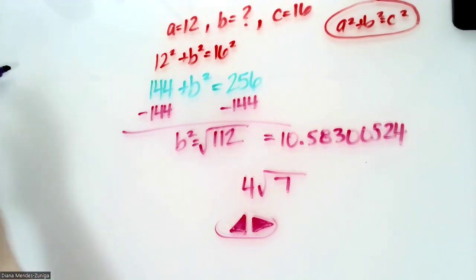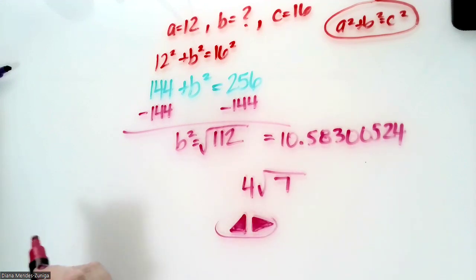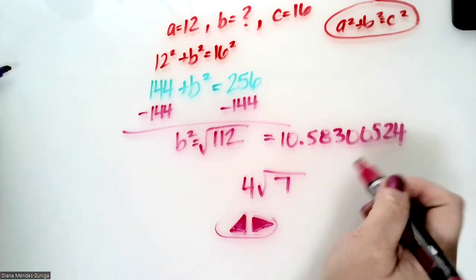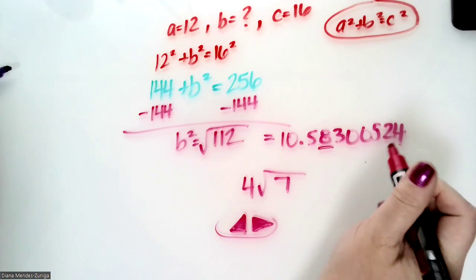10.583000524. Okay, so now when you hit that, it's going to convert it for you to the closest possible decimal digit that it can get to come close to this. And that's why they say it's about, right? It's about 10.58. And for this example in our workbook, this is asking us to round to the nearest hundredth.